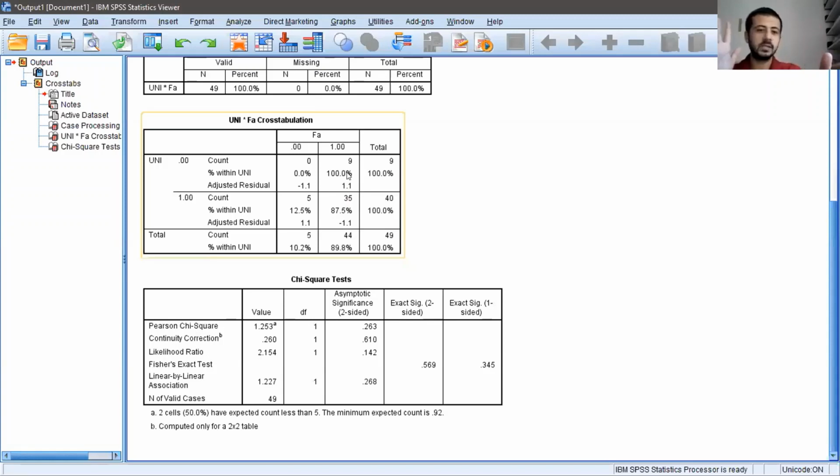For example, let's say they expected the number in here to be 6, but I got 9. 9 minus 6 is 3, and we divide that by the standard deviation of the 60%. Then I have the z value of the 9, and it tells us the 9 is 1 standard deviation above the expected count.